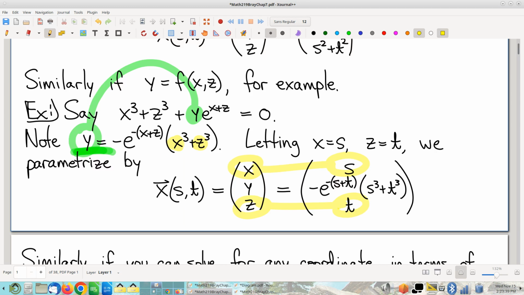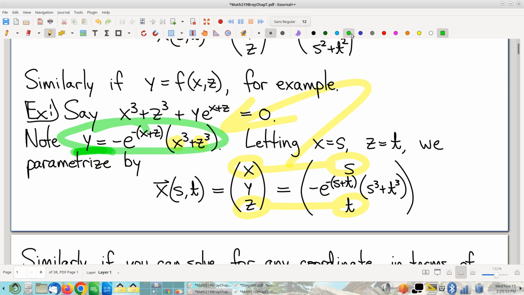And again, it's all over but the shouting. This formula that we have for y sort of forces our hand on what the formula for y is. If x is s and z is t, then y kind of has to be that business right there.